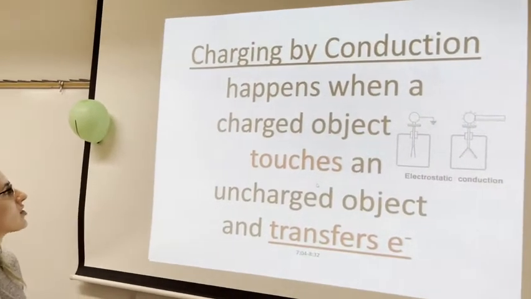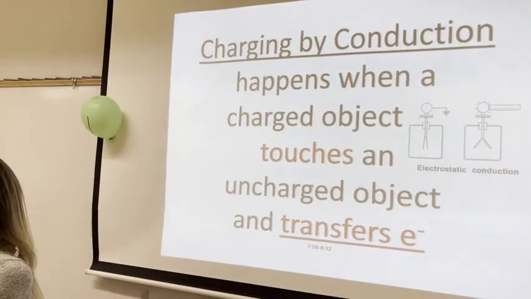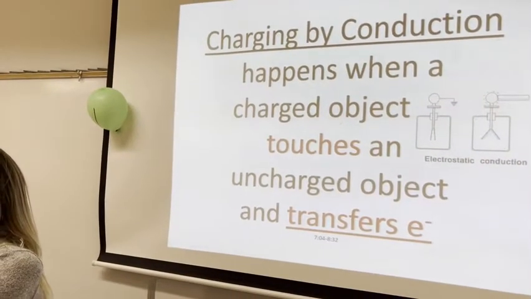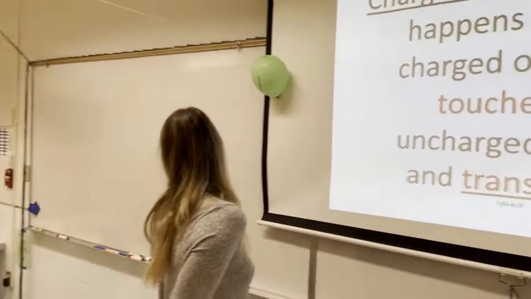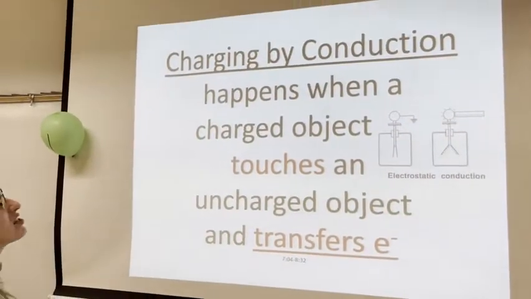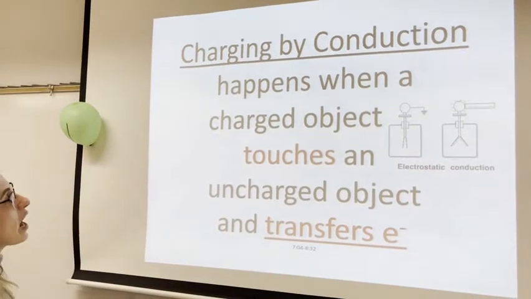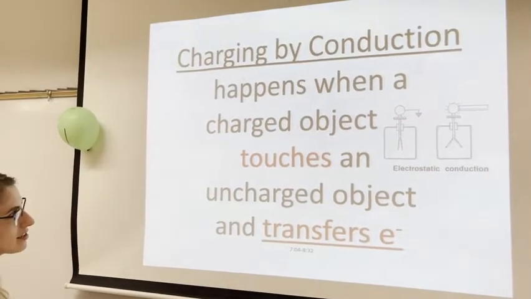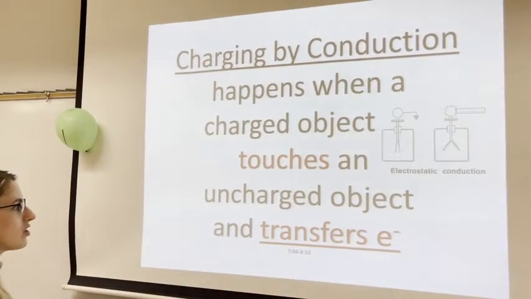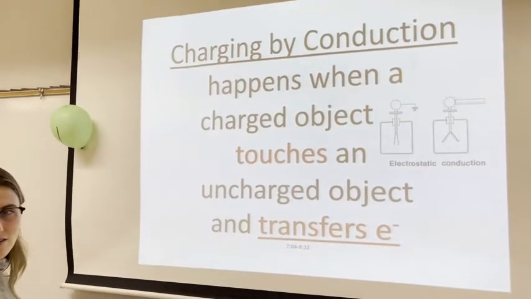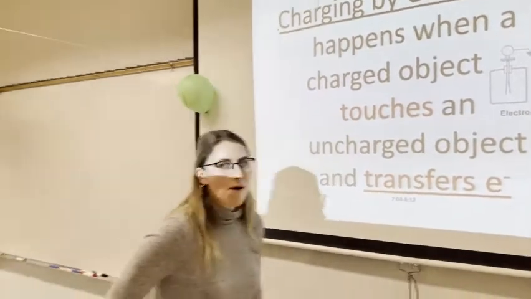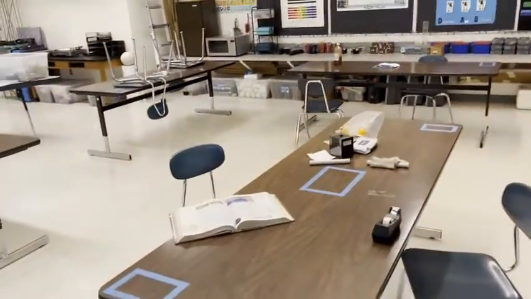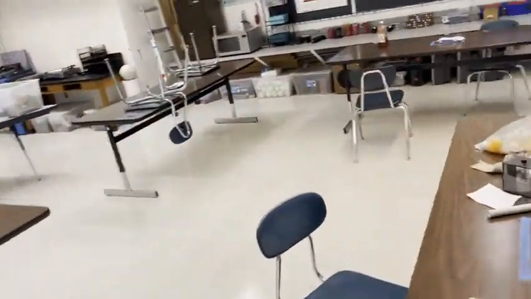Charging by conduction. Okay, so charging by conduction. This happens when a charged object touches an uncharged object and transfers electrons. And we saw this in the video, and we've got an electroscope right over here. Okay, shall we play with it?